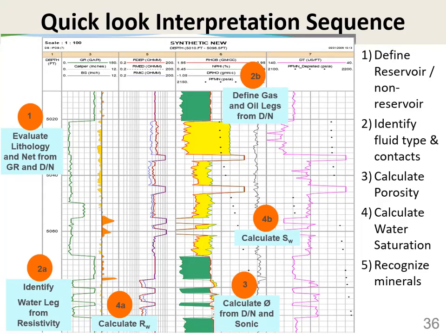Three is to calculate porosity from the density, neutron or sonic. There's usually a preference for the use of the density log. Next would be to calculate the resistivity in the water zone, and then to get water saturation. And then a fifth step is mentioned to recognize minerals, or at times what you might call odd formations, via your logs.